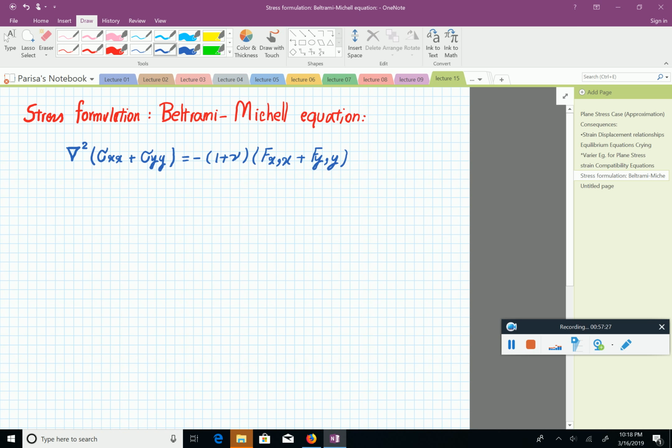So for plane strain, the equation was of this form.